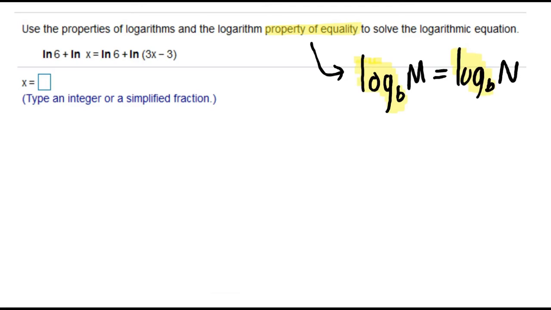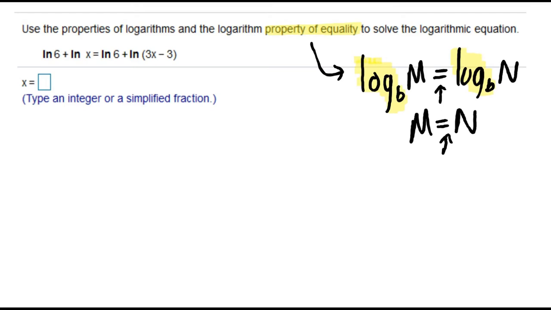If you have that, what you can say is that what's inside the log on the left has to equal what's inside the log on the right. That's the only way that you could have this equal sign. So you're taking a log equation and simplifying it to something that doesn't have logs.